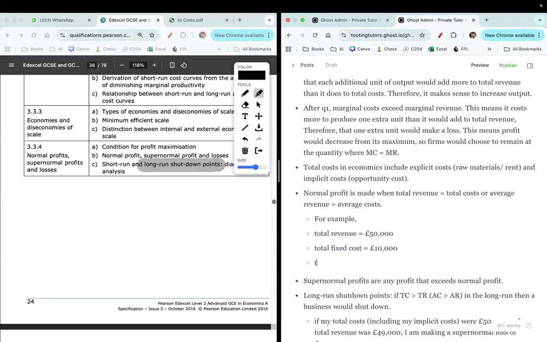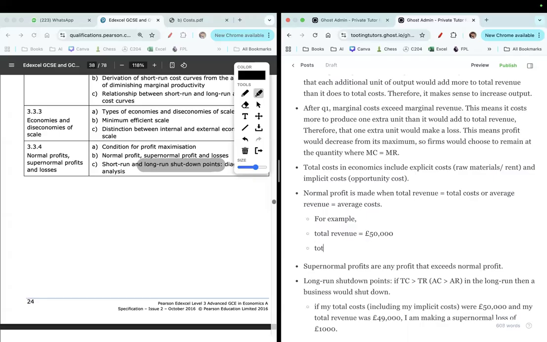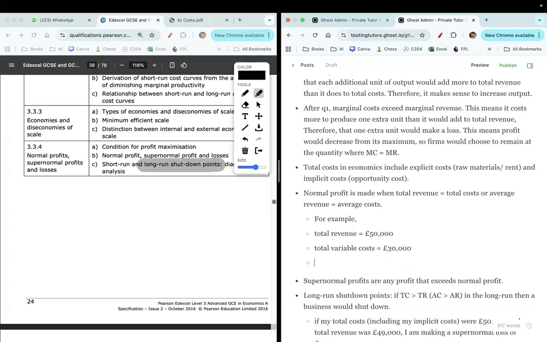I'm just gonna say total explicit cost or total variable cost. Let's say that equals £30,000, and my opportunity cost equals £20,000. That's all it is.